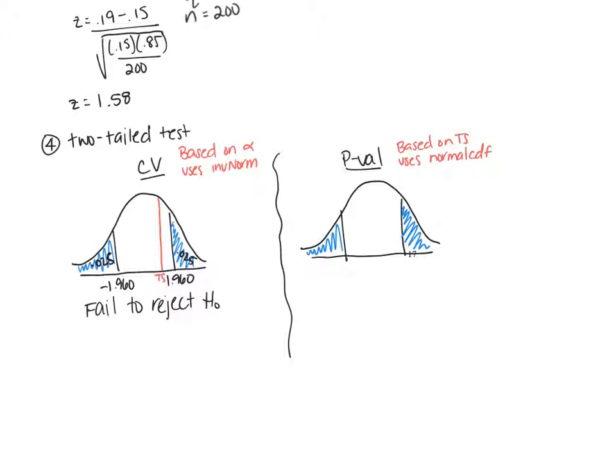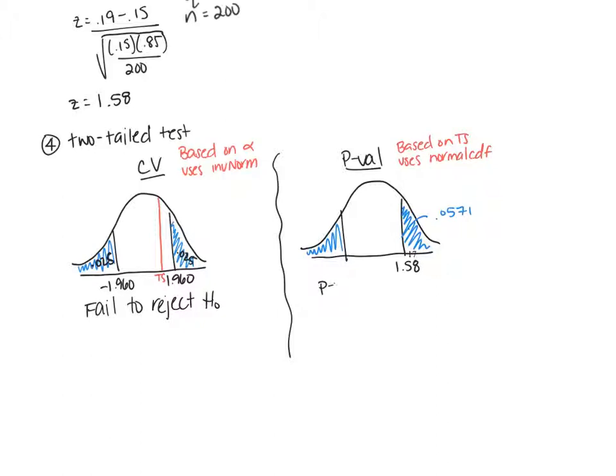I know that our test statistic is 1.58, so we're looking at the area to the right of 1.58 and the area to the left of negative 1.58. Using normal CDF, the area to the right of 1.58 is approximately 0.0571.